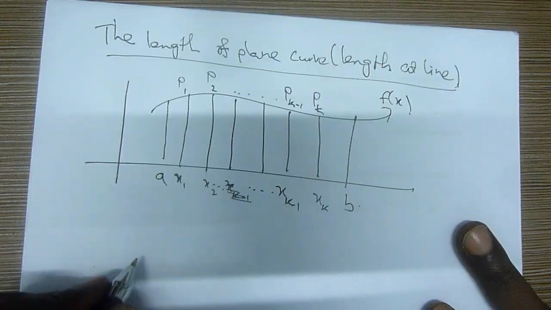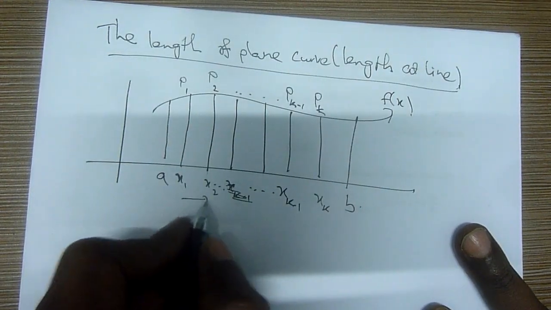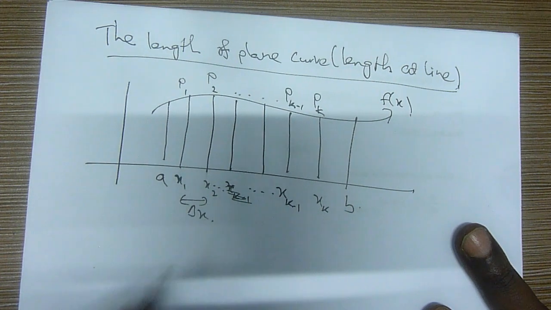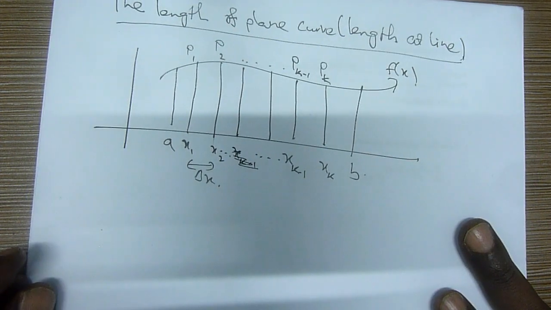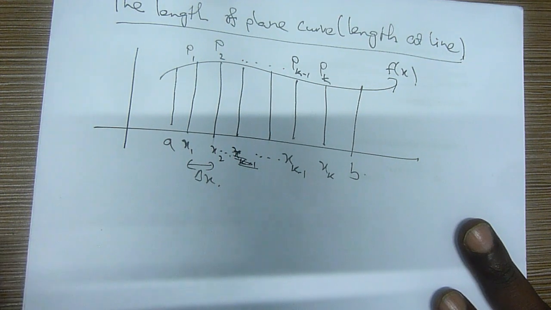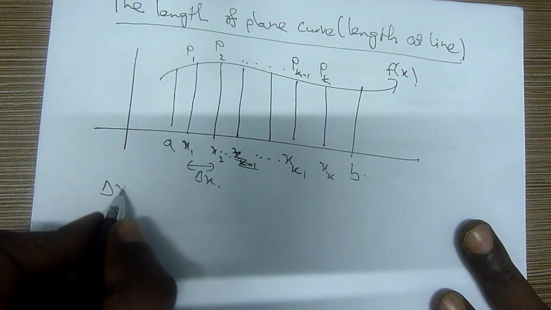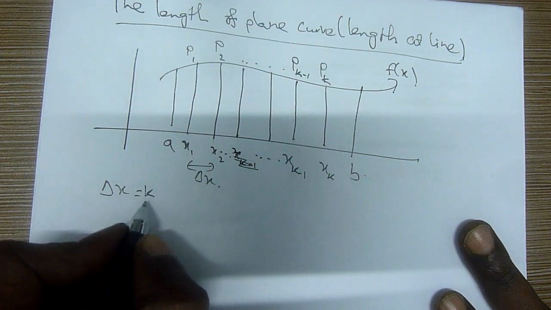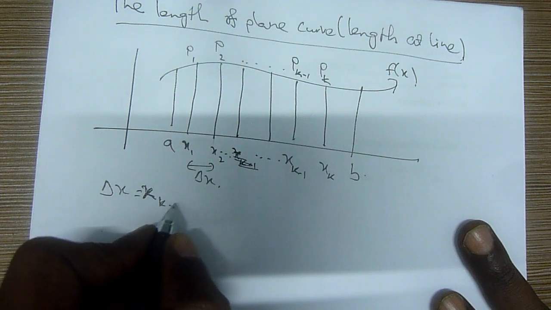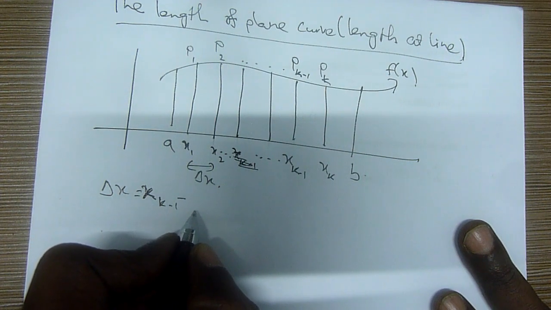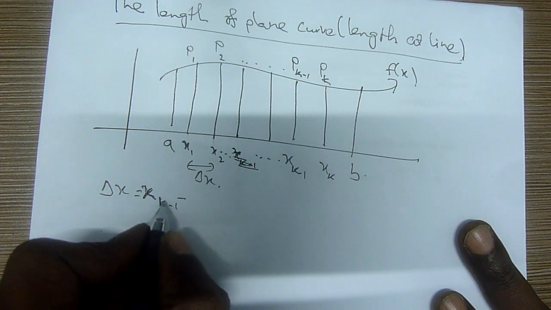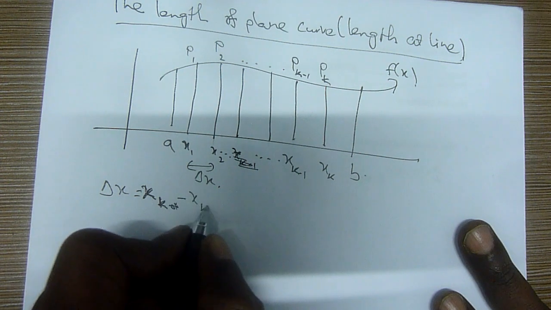Is it possible for me to calculate the difference here? The size is fixed, and this size can be defined as xk minus x(k-1).